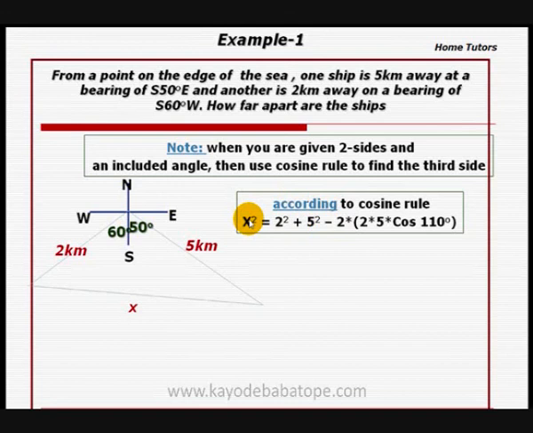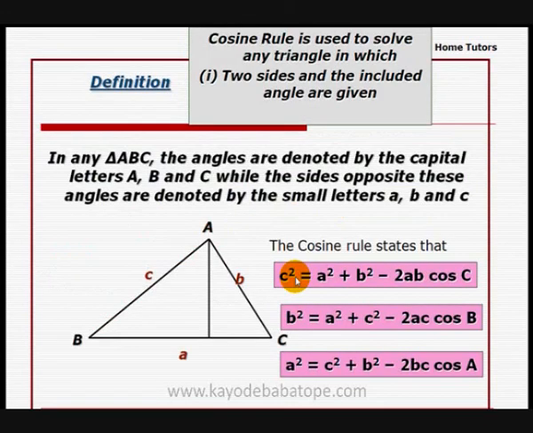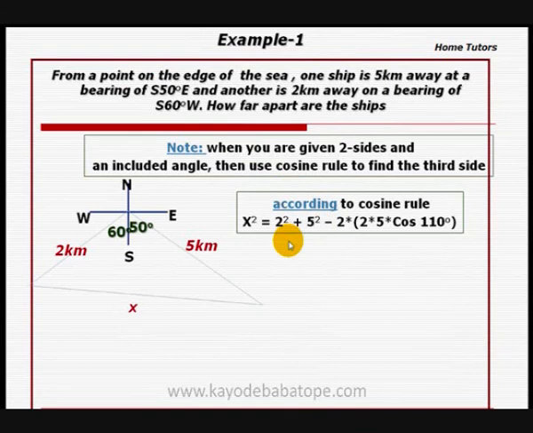Now, according to the cosine rule, c squared equals a squared plus b squared minus 2ab cos C. So in that case, x squared equals 2 squared plus 5 squared minus 2 times 2 times 5 times cos 110.